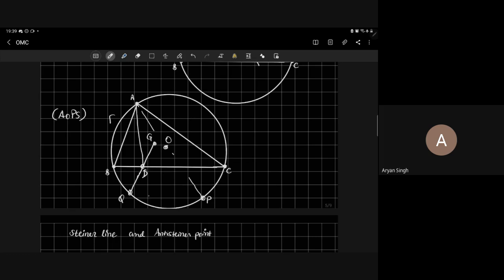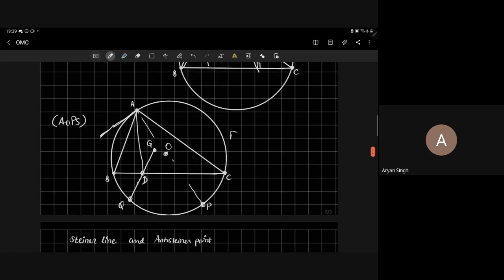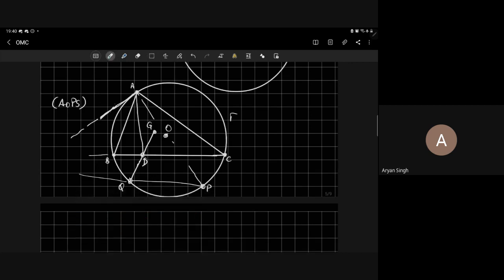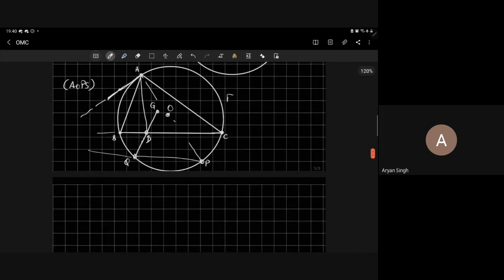Show that PQ, BC and the tangent to A. So okay, this is gamma. The tangent at A to gamma, PQ and BC are concurrent. So you have to show that. I'll give you time to think about this problem till I complete writing down the problem.